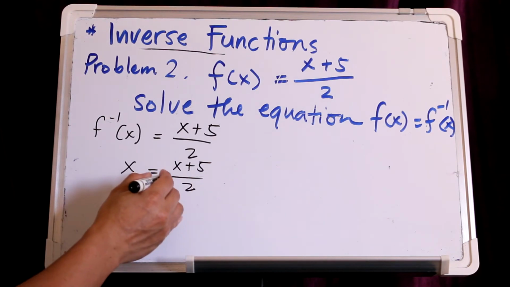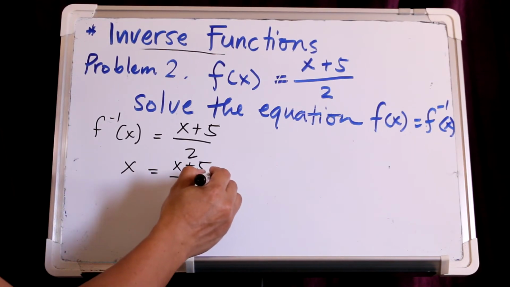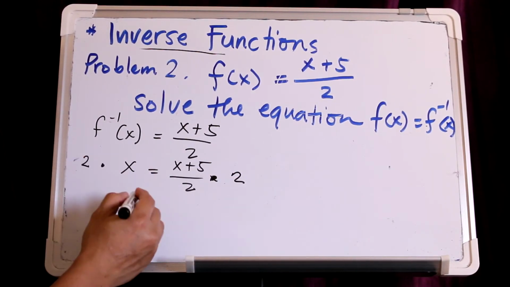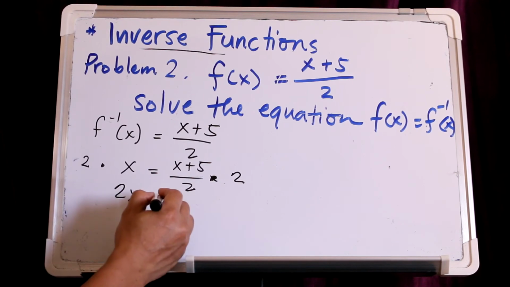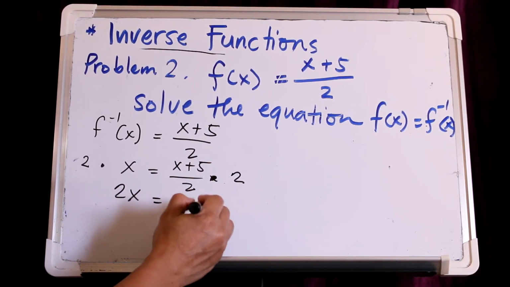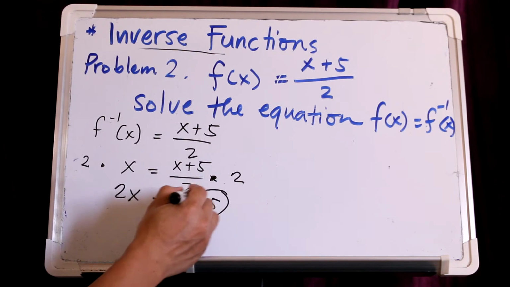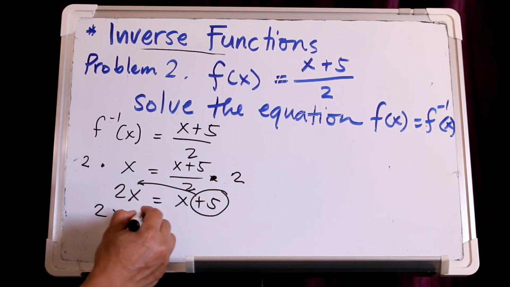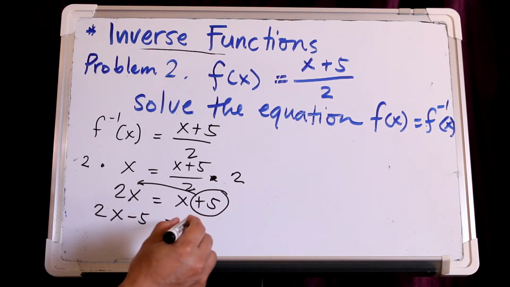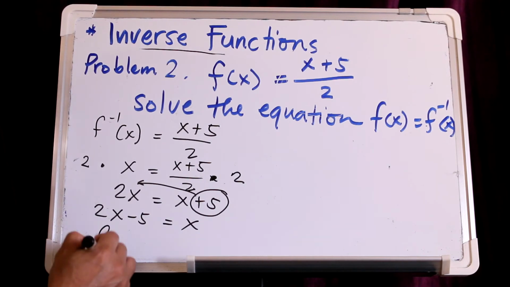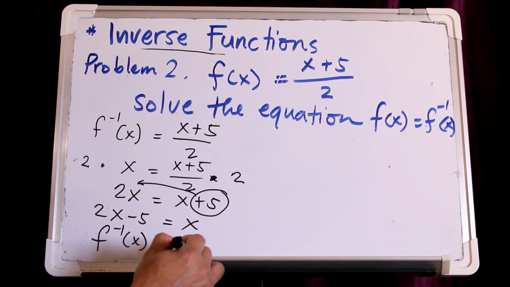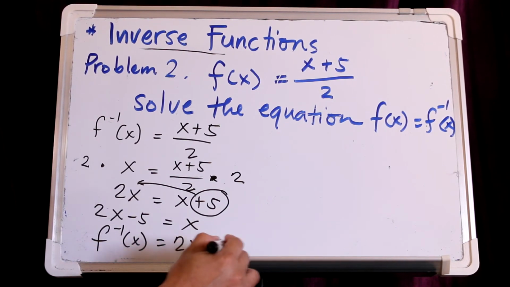Then I'm going to multiply with 2, so I will have 2x equals x plus 5. Then transfer 5 to the other side. 2x minus 5, plus x. Alright, so f negative 1 of x is equal to 2x minus 5.